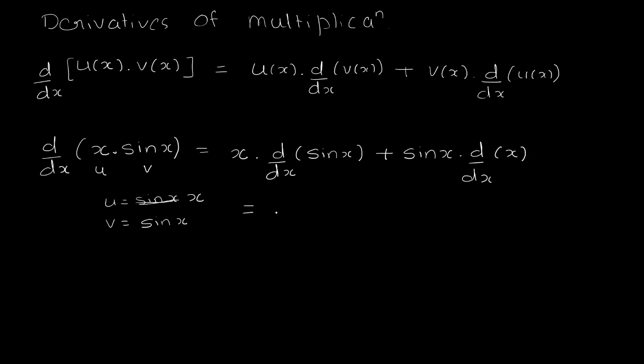Now if you simplify, this will come as x into d by dx of sine x, which is cos of x, plus sine of x into d by dx of x, and we have seen that d by dx of x is 1. So this is my final answer, x cos x plus sine x. This is the required derivative.